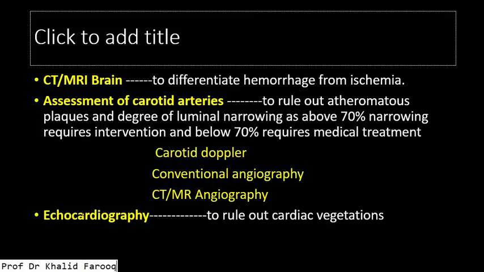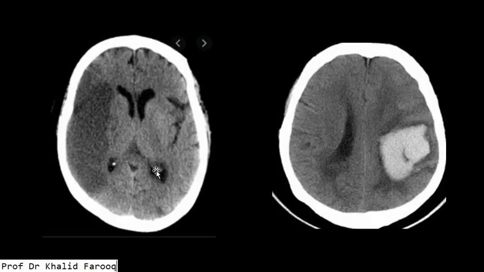So in the first slide, we see two CT patients. Here you can see hemorrhage, which is high density, and on the other side we can see a low density ischemia. So the main difference between ischemia and hemorrhage on CT is that hemorrhage would be high density and ischemia would be of low density.